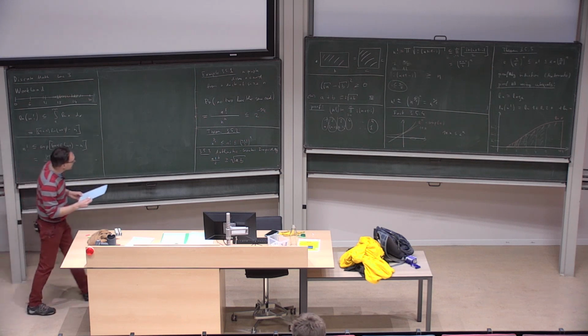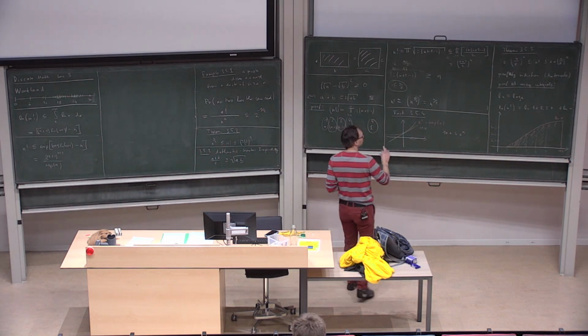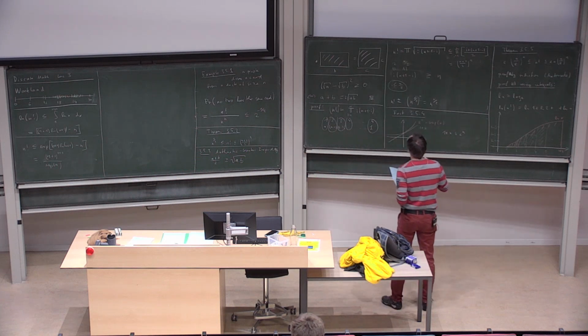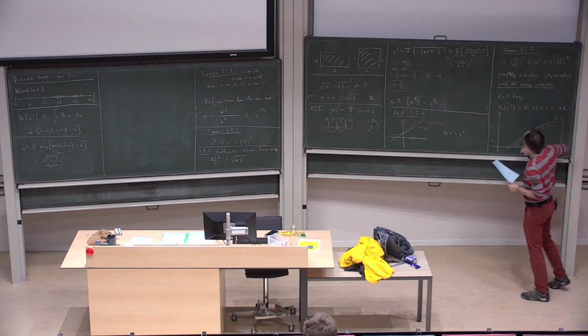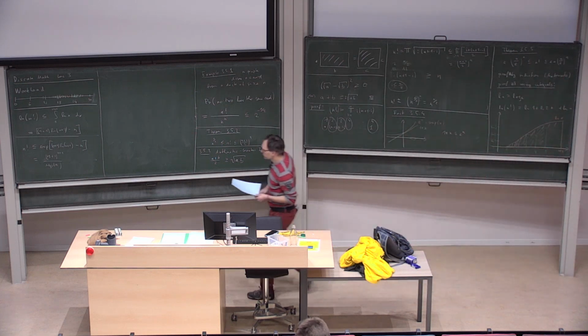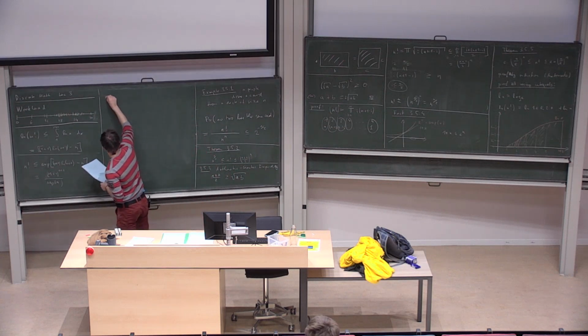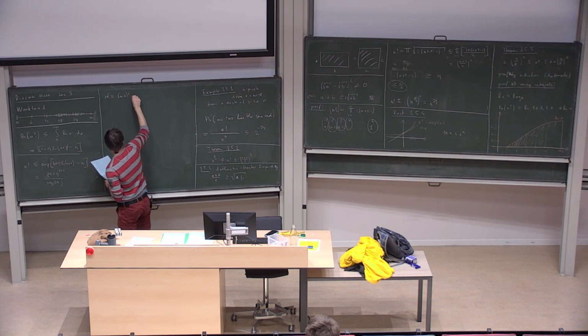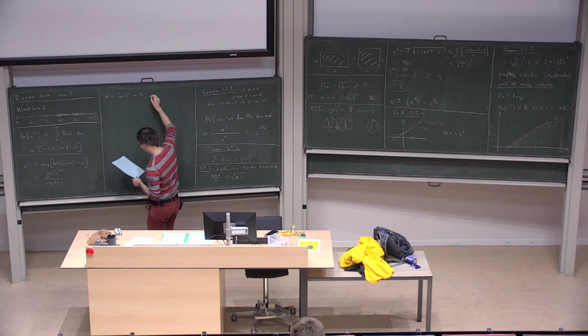But unfortunately, it's not yet the upper bound we were looking for. So we do a little trick. We know that n factorial is n minus 1 factorial times n. And then we use the upper bound on n minus 1 factorial.